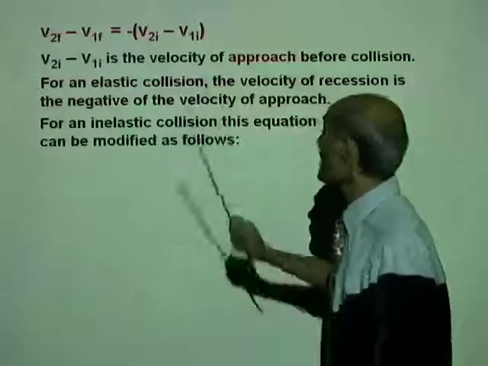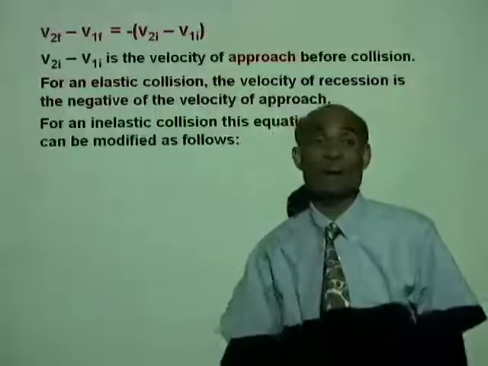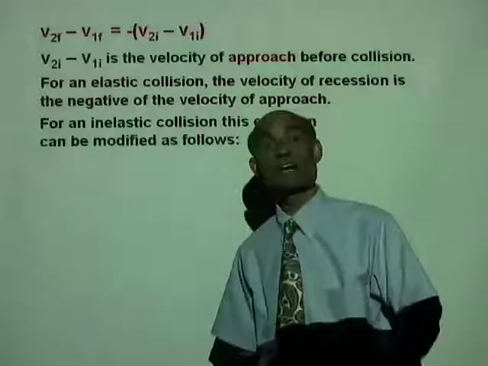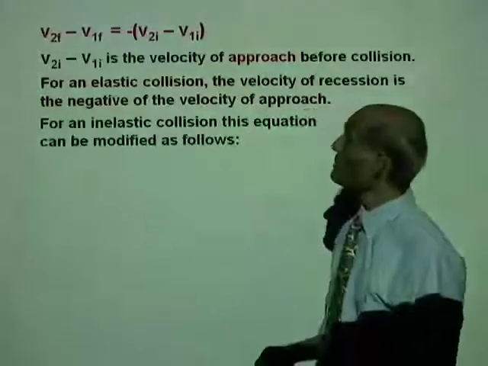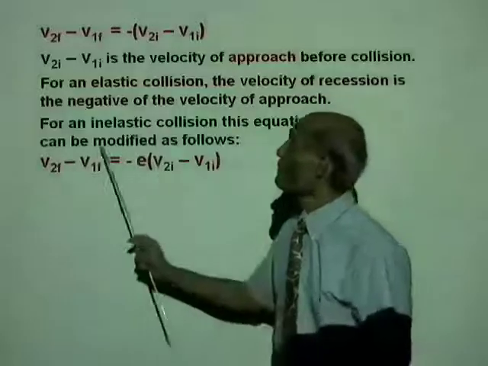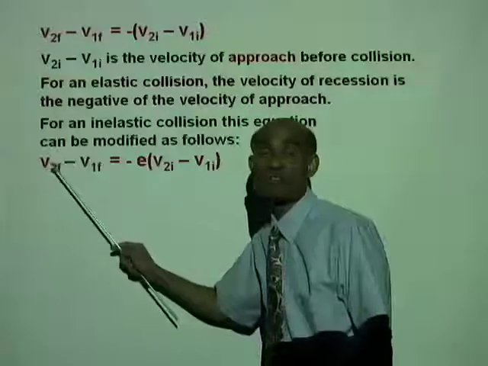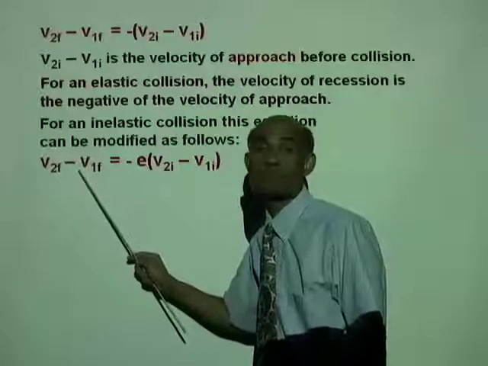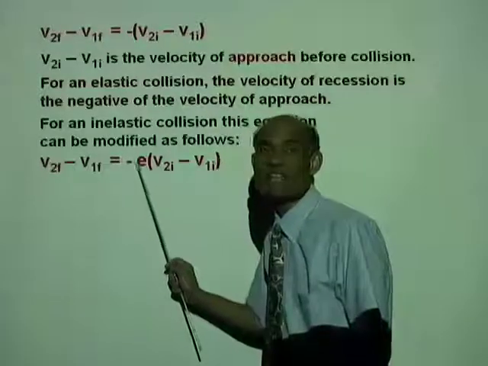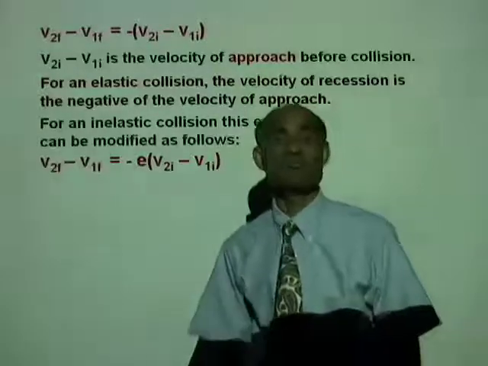For an inelastic collision, can this equation be modified? Yes, we're going to write this with a small modification. For an inelastic collision, the same equation will read like this: V2F minus V1F equals negative e times (V2I minus V1I).